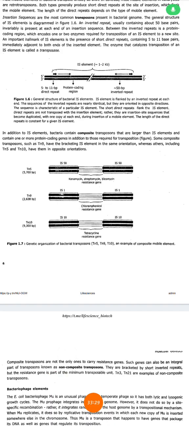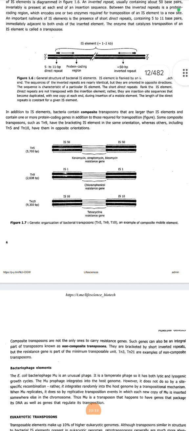So it contains one or more protein coding genes. Say, for example, Tn9. This has the bracketing IS elements, which you can see, and in between there is a protein coding gene.